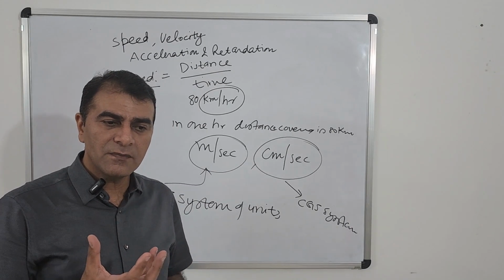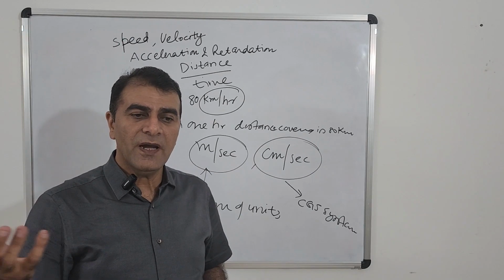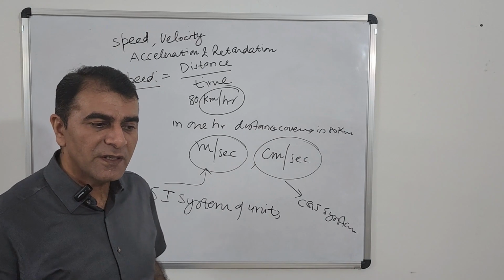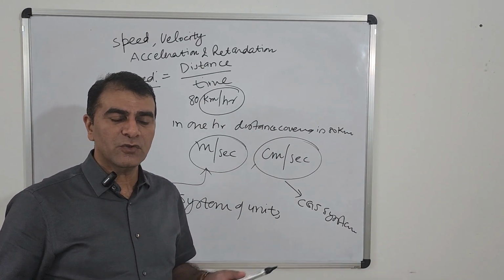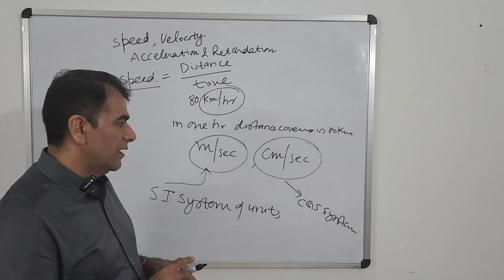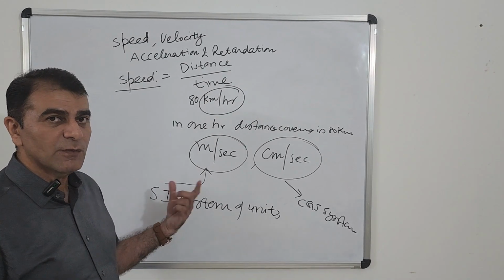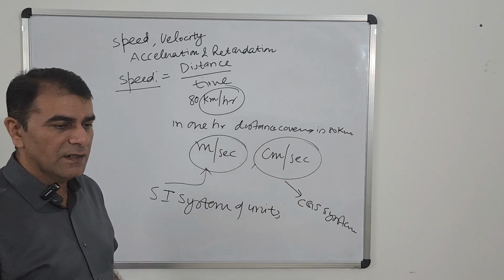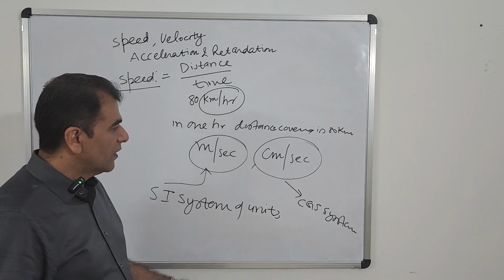A 1 kilogram mass prototype is kept in France, and the equivalent is in each and every country. So there is a standard which does not change with the atmospheric conditions. So that value is called a unit. That SI system we will discuss in our next lectures when we will be covering the syllabus of 11th class.